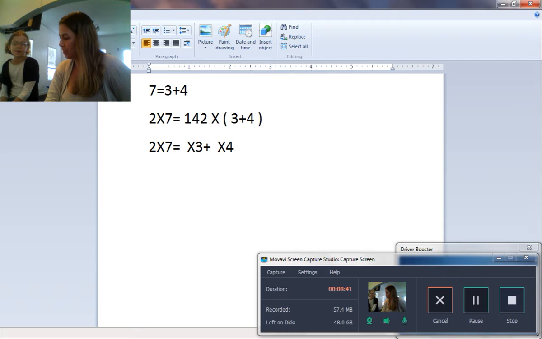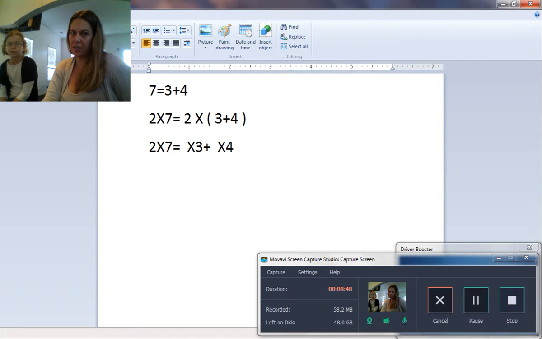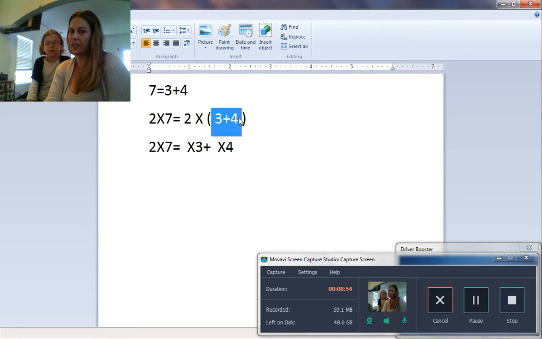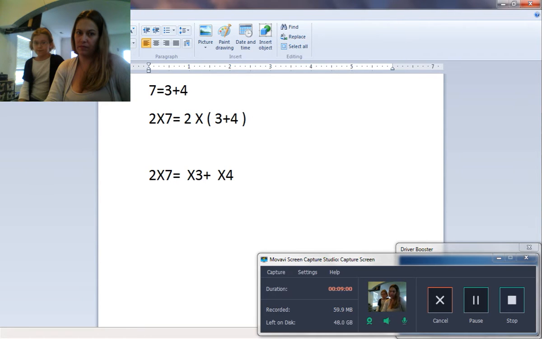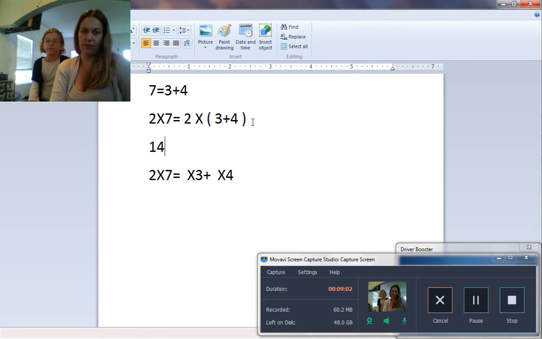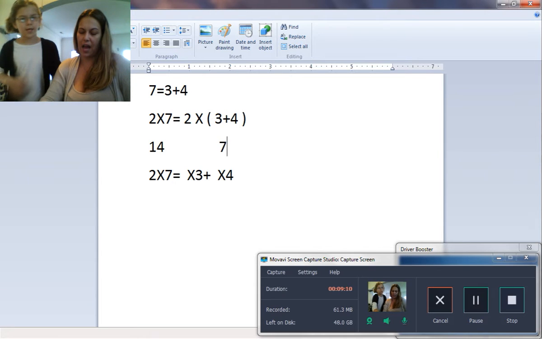Okay. So then you would backspace that out. Then you would do 3 plus 4 equals what? 3 plus 4 equals 7. So this equals 14, and this equals 7. Exactly.